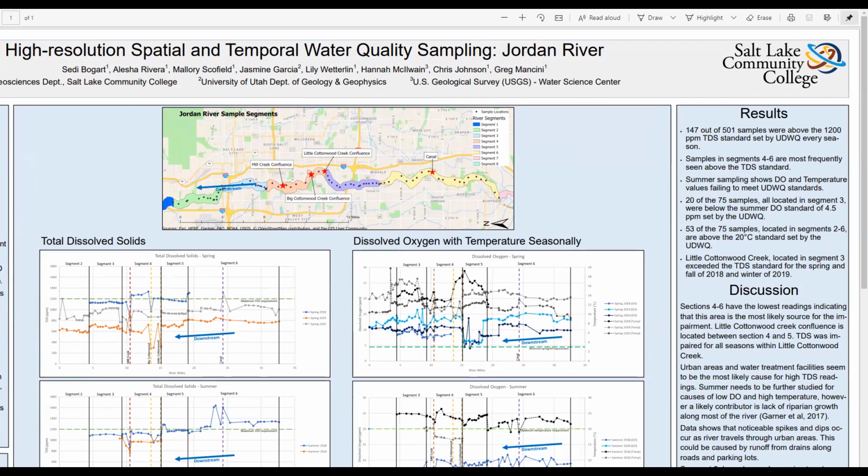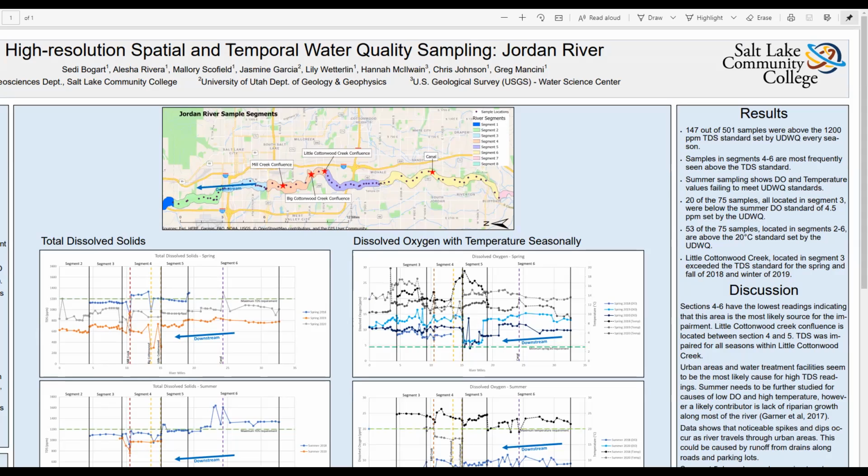Samples were taken over a week-long period each season owing to good weather conditions. Data was recorded using the HI 98194 multi-parameter waterproof meter to test for dissolved oxygen, temperature, and total dissolved solids from the riverbanks or bridges when possible, using a bucket or extender bar to collect the water samples.